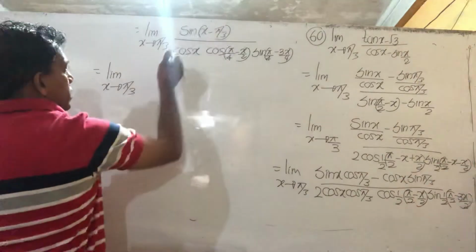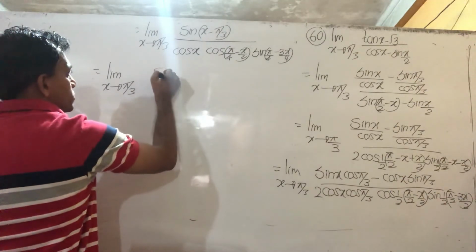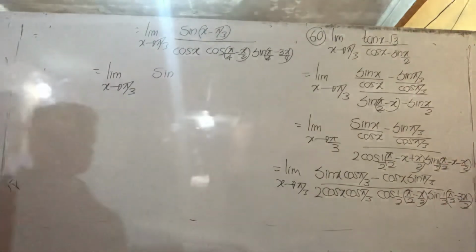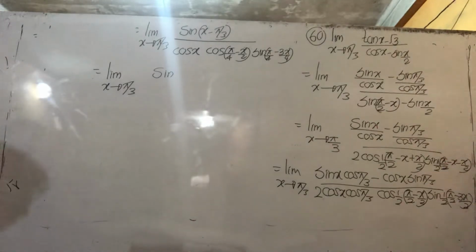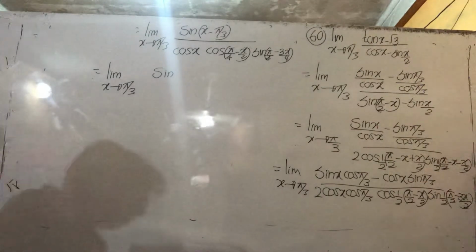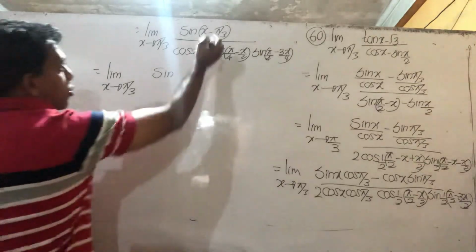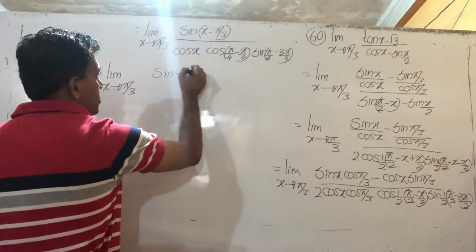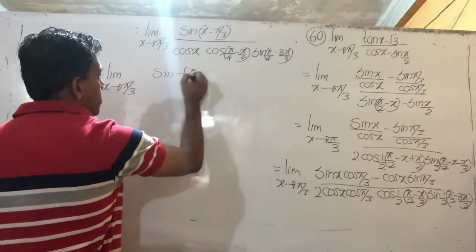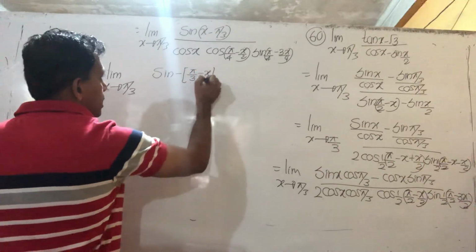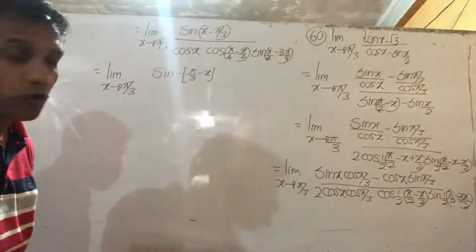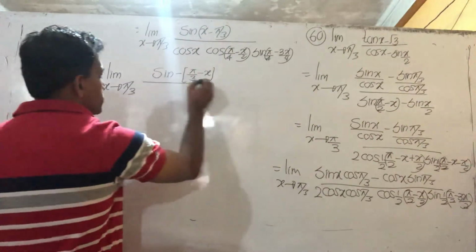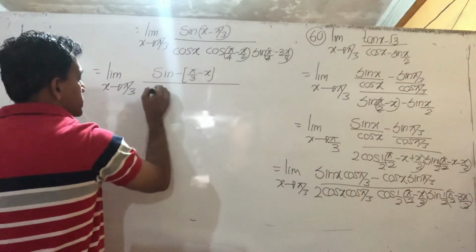See, can I take this sine, I take this 1/3 out, or I say the minus out, minus pi by 3 minus x. I take a minus out, right, over cos x.